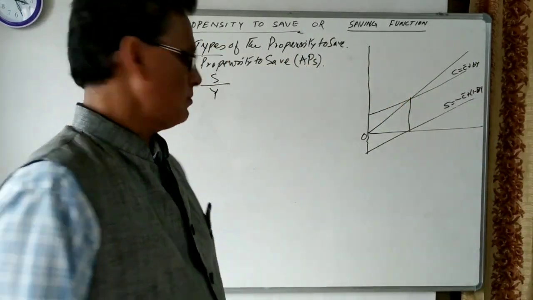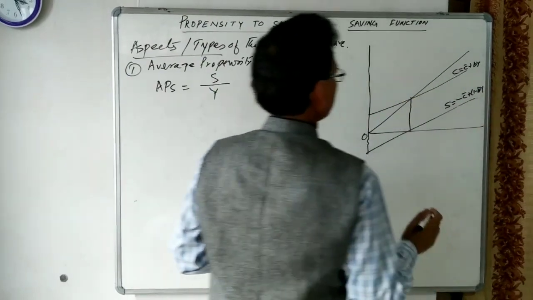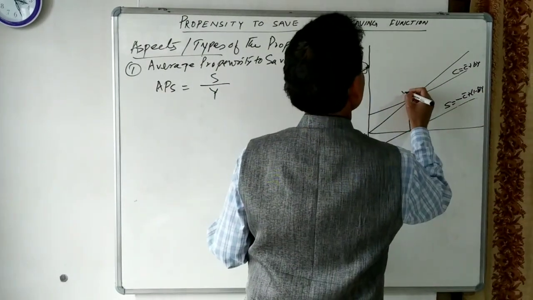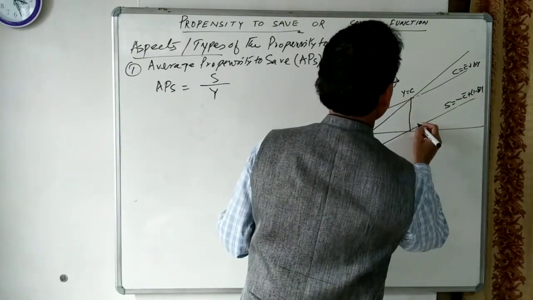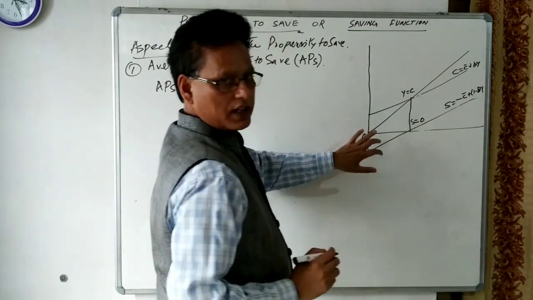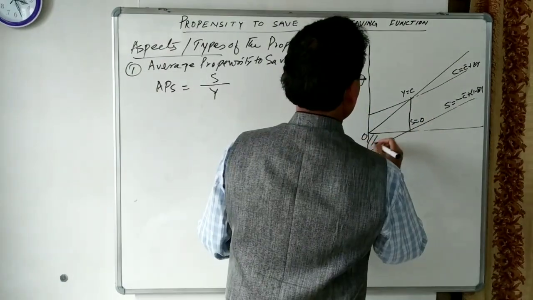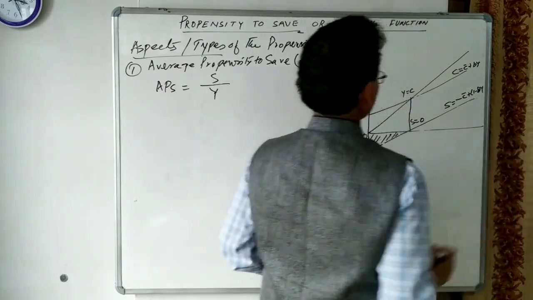Here Y is equal to consumption. It means there is no saving. Saving is equal to 0. Before this point, it is called negative saving, and this area is the positive saving.